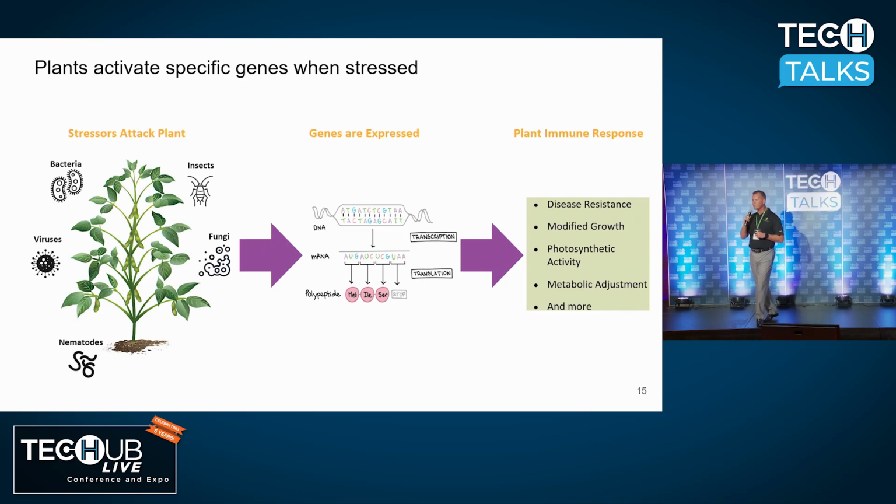When those stressors attack a plant, there are specific genes that are expressed within that plant. We don't see that gene expression with our eyes. What we see is the phenotype, the response of the plant to that stress, and that can come in a variety of ways. The plant could modulate how it's growing to defend itself from these attacks.